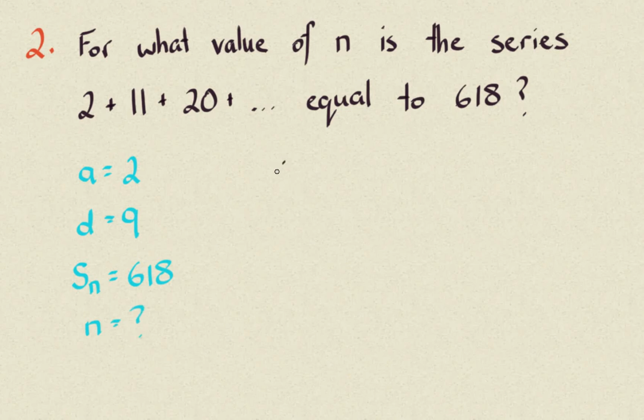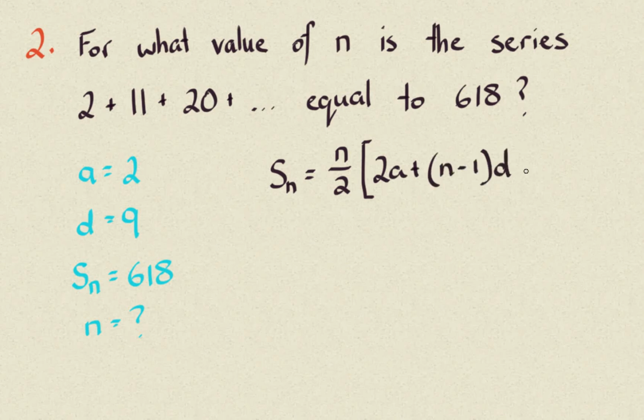So if we use the formula for the sum that only involves a, d, and n, then we can solve for n. So writing this out. Now, hopefully you can see, okay, n occurs in 2 places.